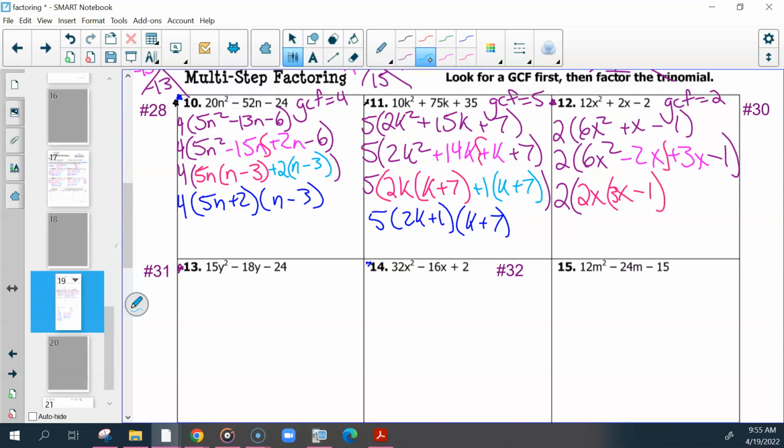And the GCF of the last two? 1. Leaving 3x minus 1. What are our final factors? 2 parentheses 2x plus 1 parentheses 3x minus 1.